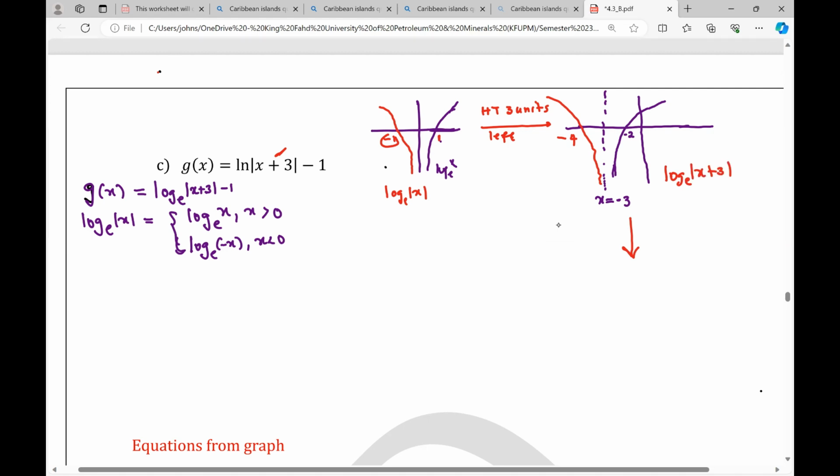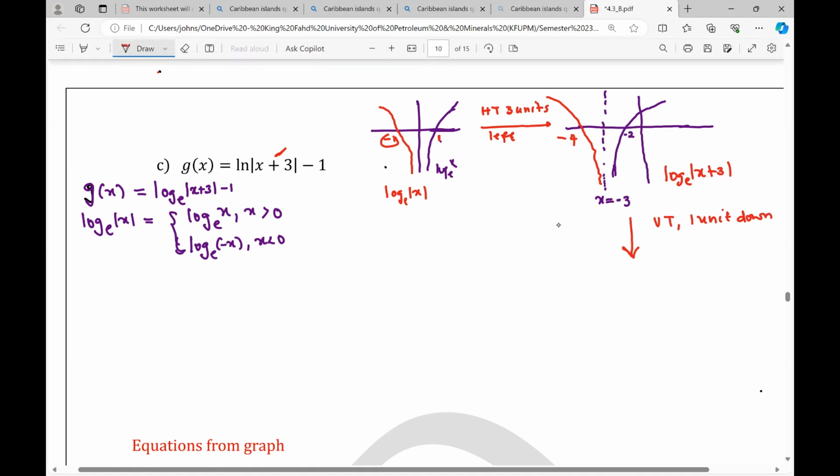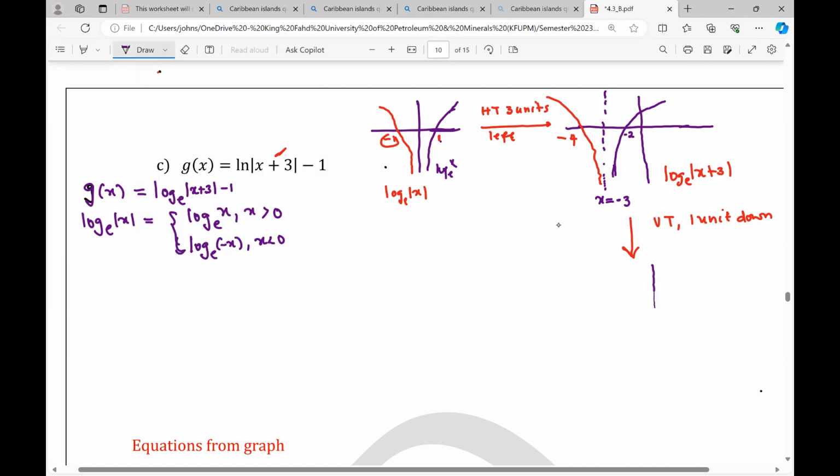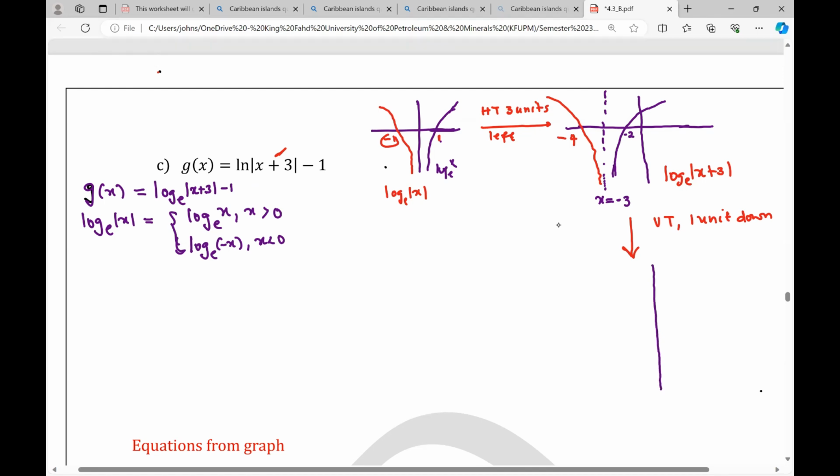Then now we need to move everything 1 unit down. So here we are doing a vertical translation, 1 unit down. With 1 unit down, what does that mean? It just means you shift the points. Don't forget, this is our origin here. So this point now, as you can see, is minus 2 and 0.